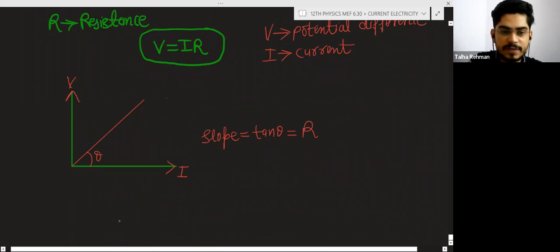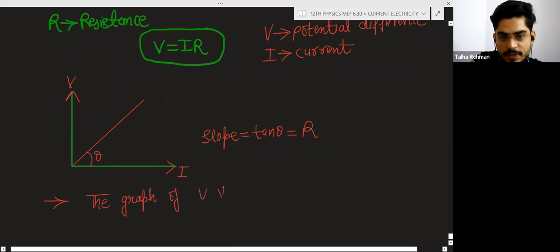And here you can say that the graph of V versus I is a straight line.